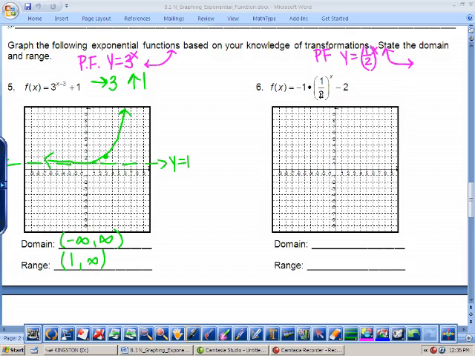Okay? All right, let's talk about the transformations. What are the transformations? Reflect across x, then down 2. So what's the first thing I should plot? My asymptote. And where is my asymptote going to be? y equals -2.